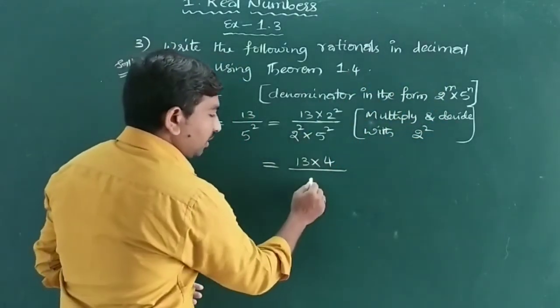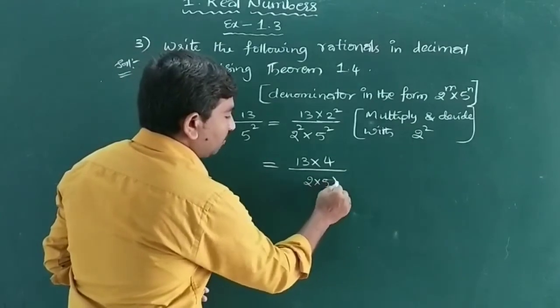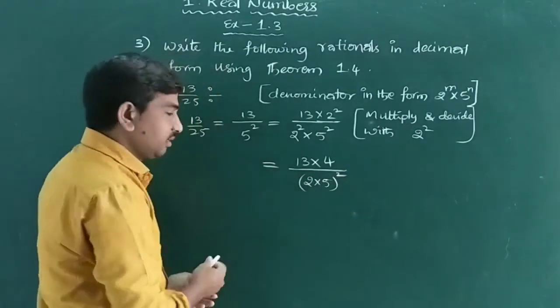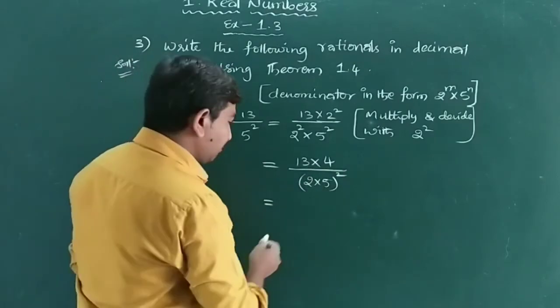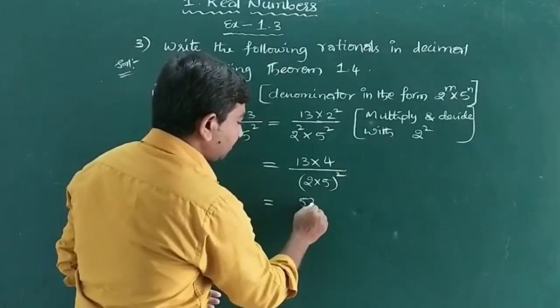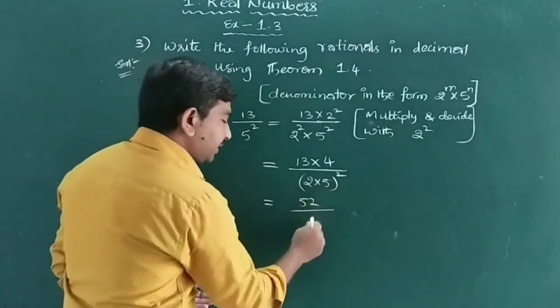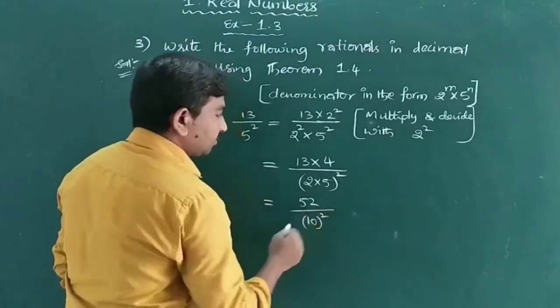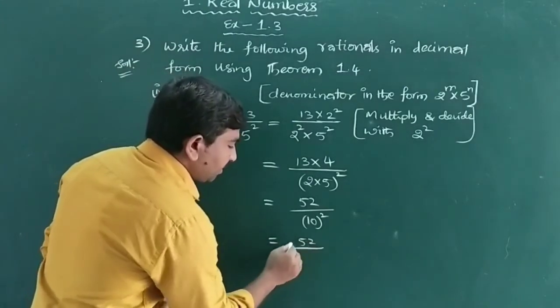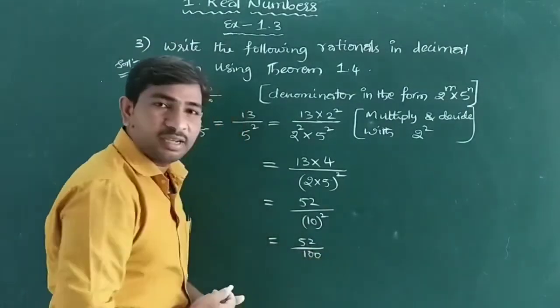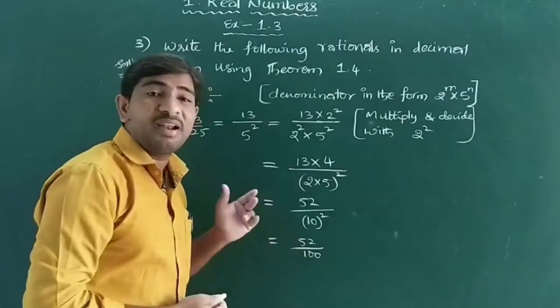So here we can write 2 into 5 whole power 2. Now 13 into 4 is 52, by 2 into 5 is 10, whole square. So 52 by 10 square, which means 100. This is a decimal fraction.